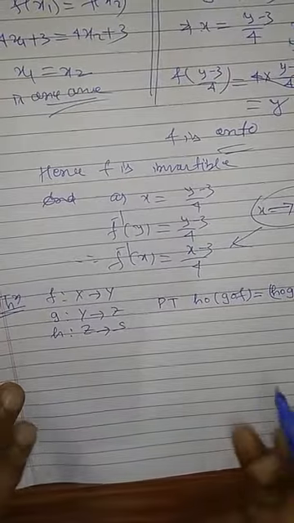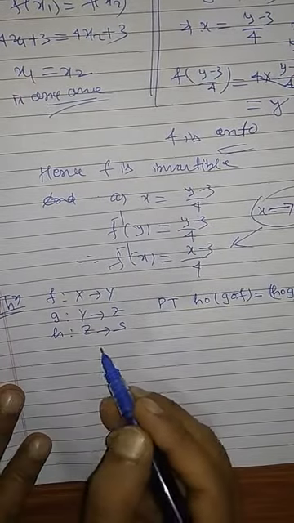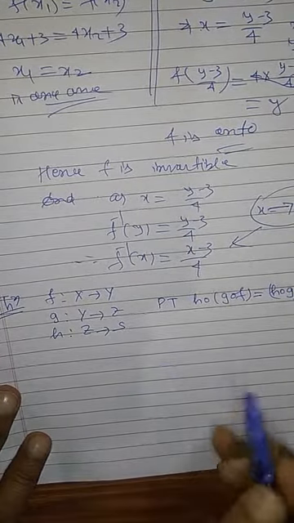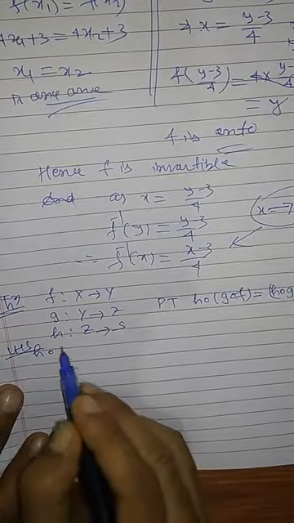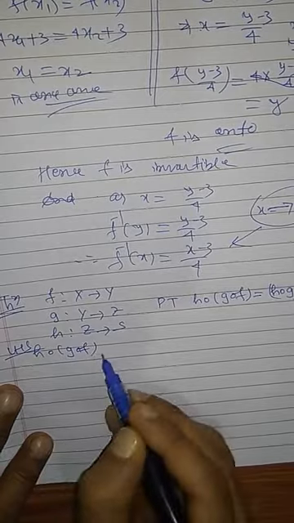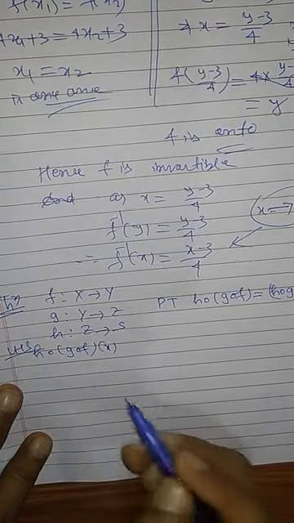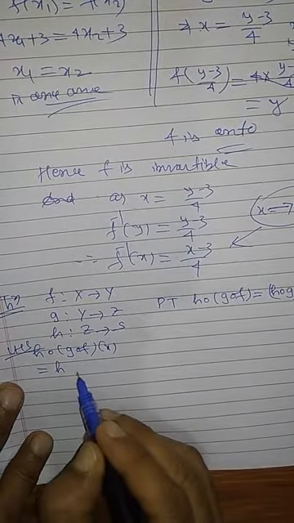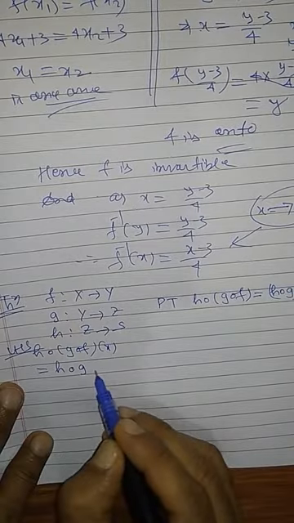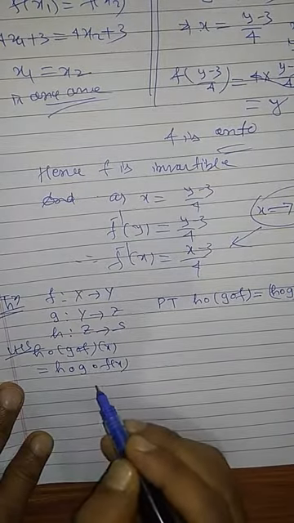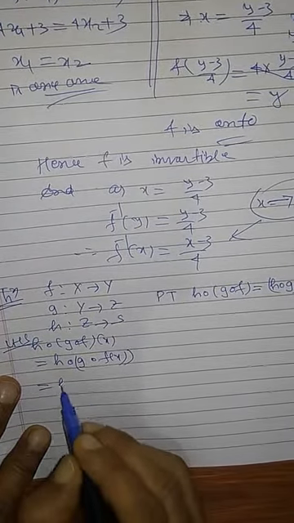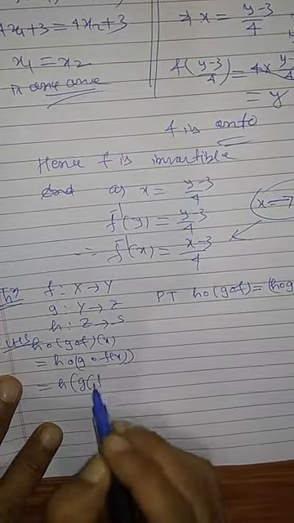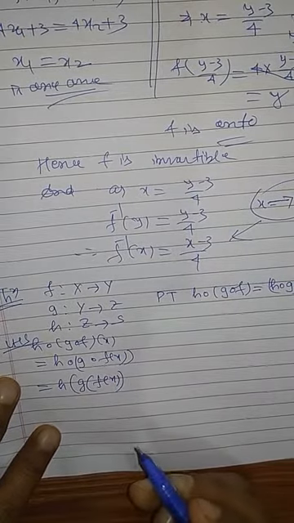For this, from LHS, h o (g o f) of x is equal to h of g of f of x. Clear? And this is h of g of f of x.